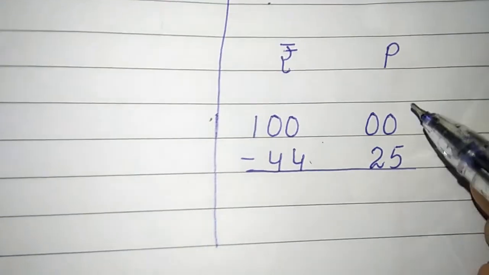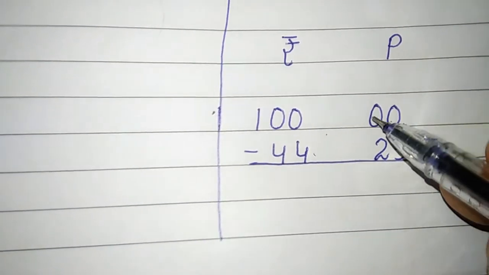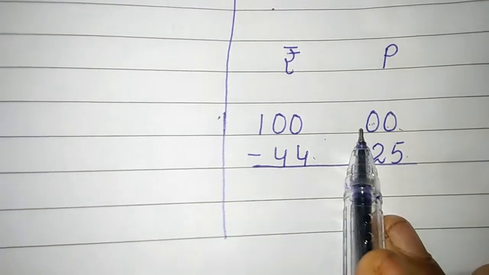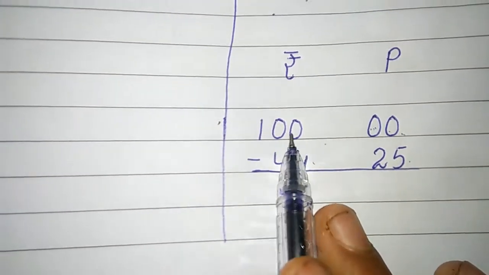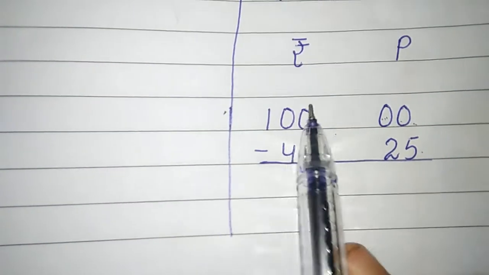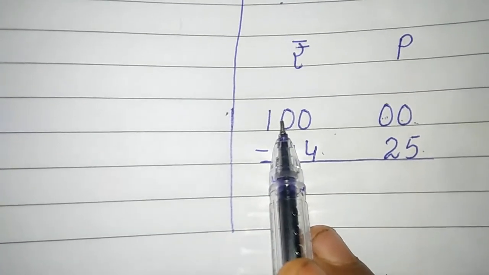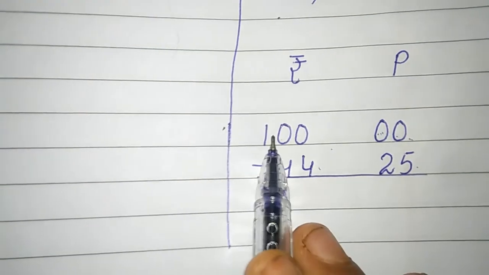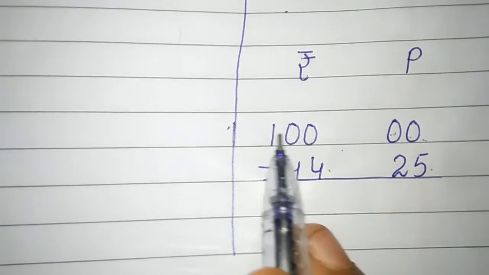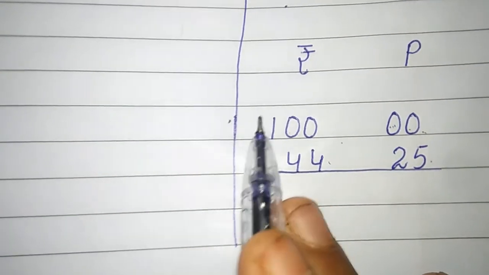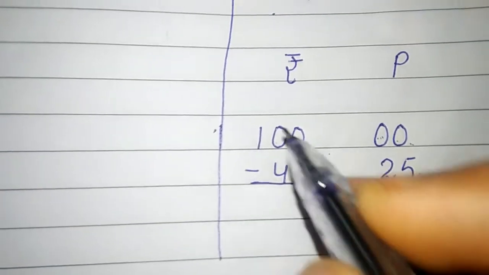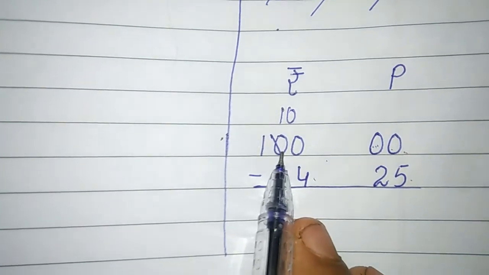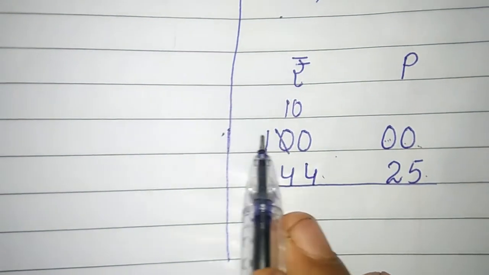Let's subtract. 0 cannot cut 5. It will borrow from its neighbor, but the neighbor also has nothing, so it will borrow from the next neighbor, which also has nothing. Finally, the neighbor has 1. 1 gave 1 to its neighbor, so 0 became 10 and 1 became 0.